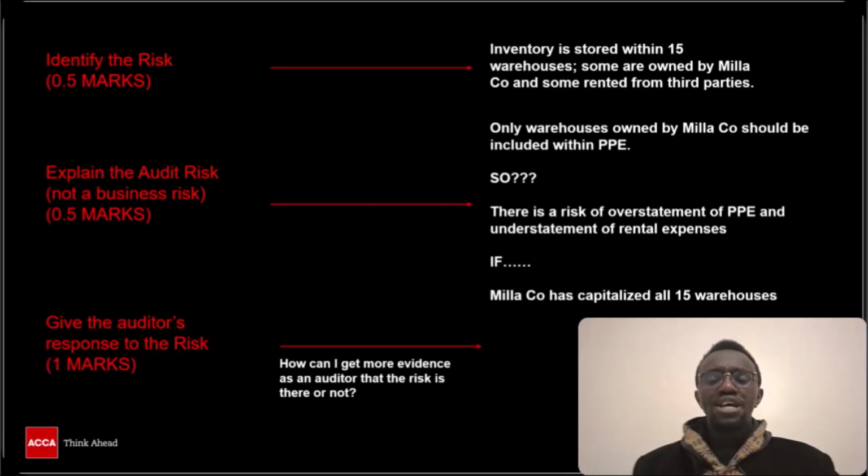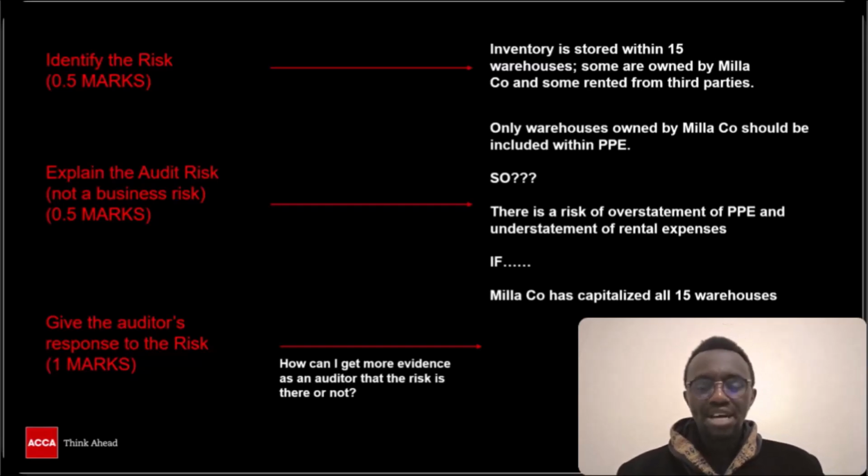So you've told me there's a risk of overstatement of PPE and understatement of rental expenses. How can I get more evidence as an auditor that the risk is there? How can I get more evidence of whether these guys have capitalized all 15 warehouses by mistake or by error?